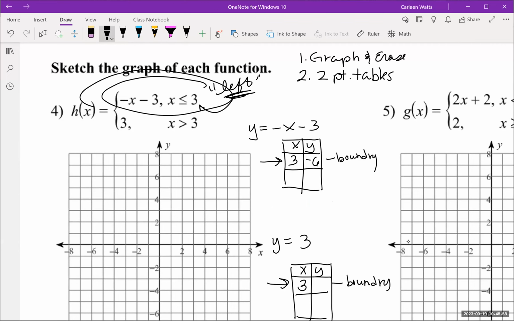So picture a number line to the left of 3. So what are we going to pick? Or 1, or my favorite number to plug in is 0. Is 0 to the left of 3 on a number line? Yes. You with me?